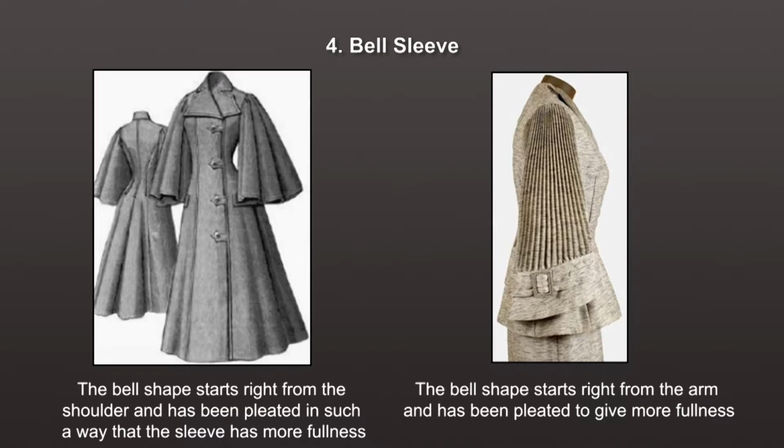The bell shape starts right from the shoulder and it has been pleated in such a way that the sleeve has more fullness and almost resembles a skirt. From what we can observe, the bell sleeve has box pleats.